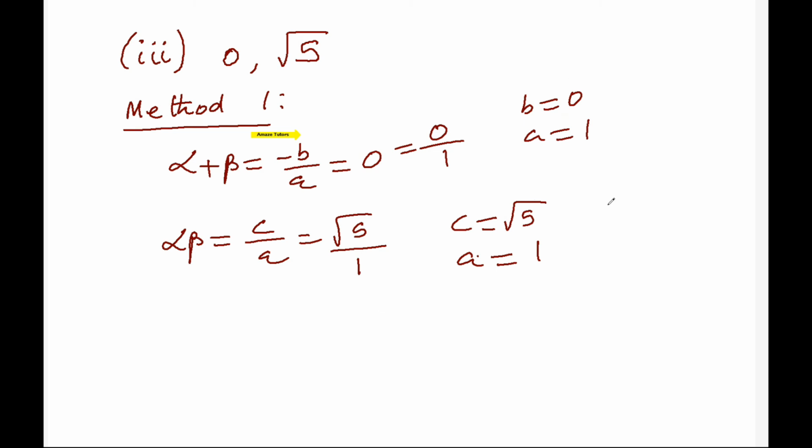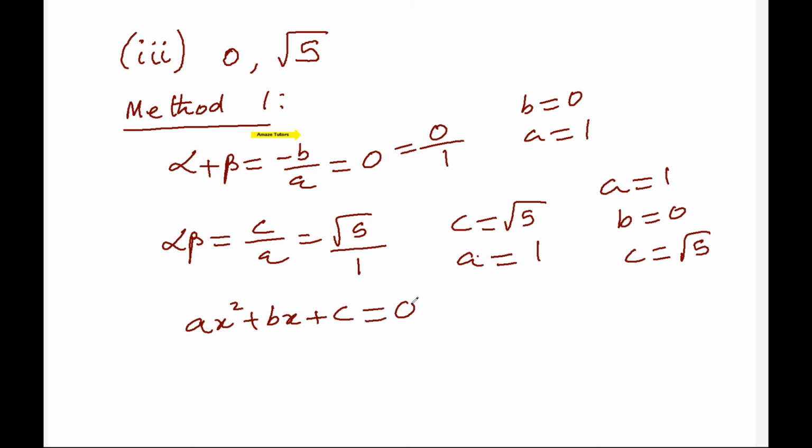So let me write all the three values together and substitute in the standard equation of quadratic. c is equal to root 5. ax squared plus bx plus c is equal to 0. 1x squared is simply x squared, plus b value is 0x, c value is root 5.